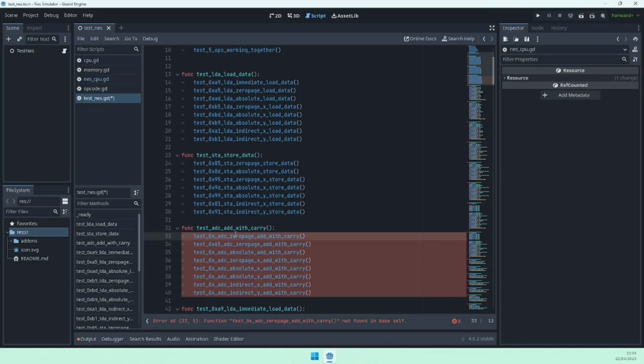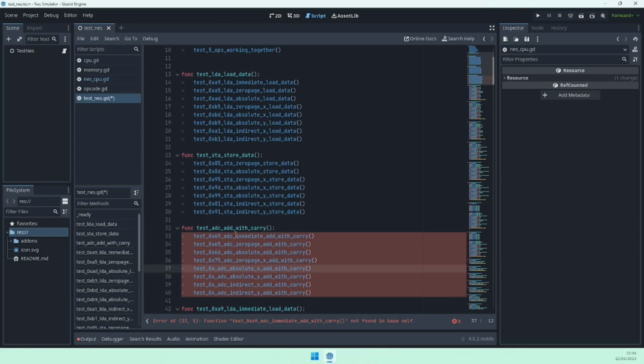This one I wrote, 69 is for immediate. Absolute is 6D. Zero page X is 75.